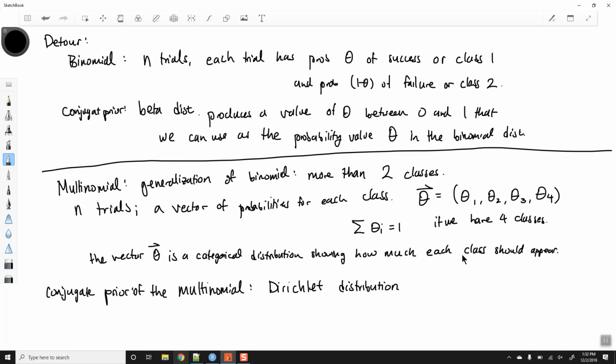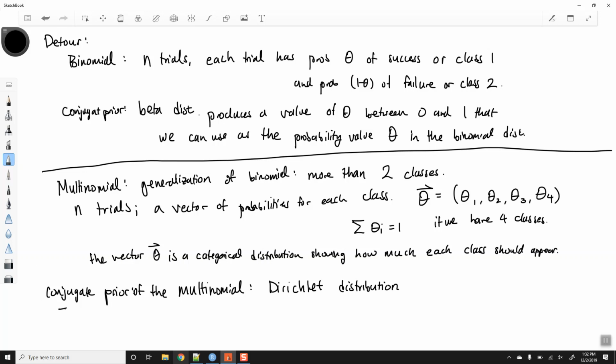If you have a corpus with 1,000 words, and each word has a different probability, but the sum of all those probabilities is 1, your Dirichlet distribution will produce a vector of length 1,000, all with different probabilities that add up to 1.